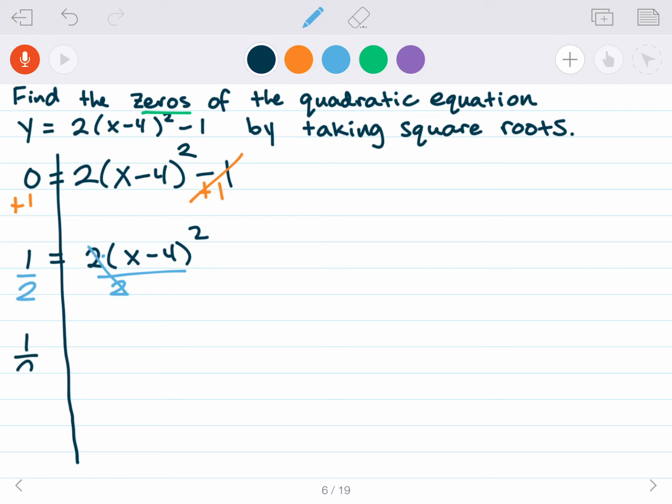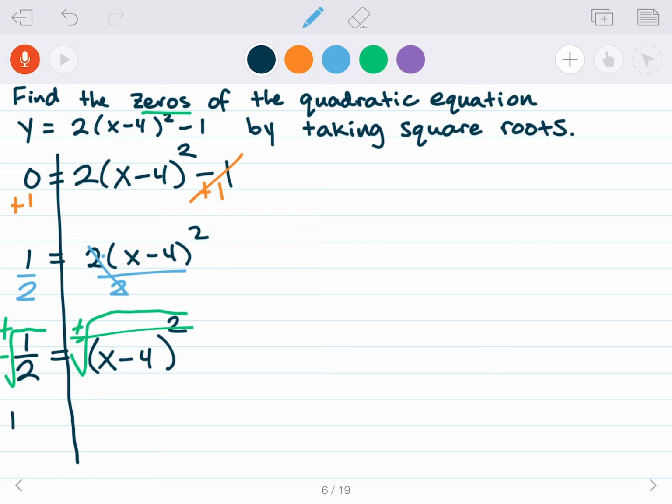And on the left, I'm left with 1 over 2 equals (x minus 4) squared. So I see an operation of squaring on the outside of the parentheses, so I need to get rid of that. Now when I take the square root of both sides to undo a square, I need to make sure that I tack on a plus or minus sign, right? I'm taking plus or minus, and so this goes away.